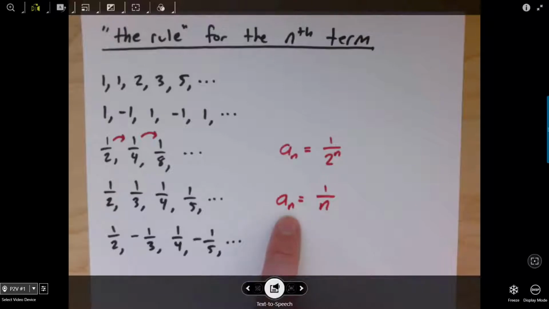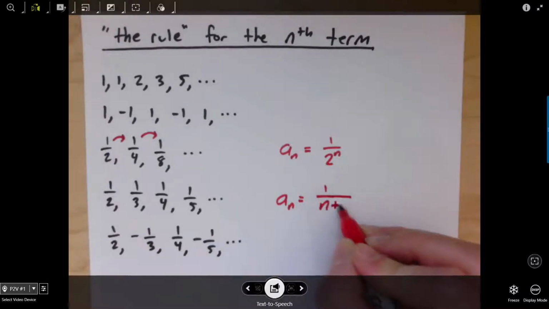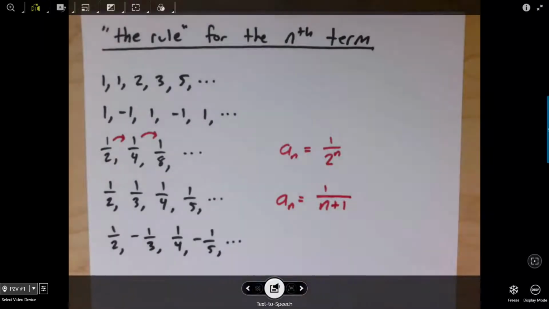If I plug in 1 for n, it's actually going to give me 1 over 1, which is a slightly different sequence. So what I'd really need to do is add 1 here. And now if I want to know what is A subscript 1, the answer is 1 divided by 2, which really is the first term in my sequence.